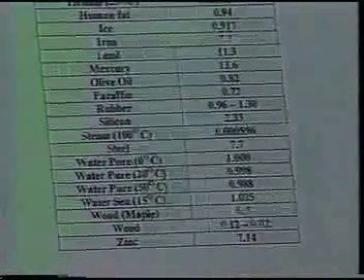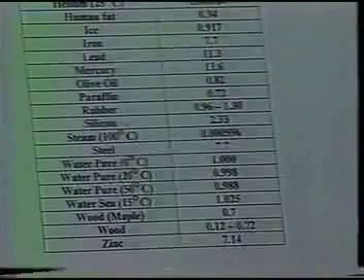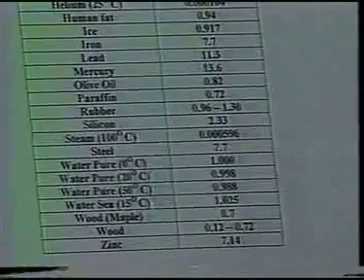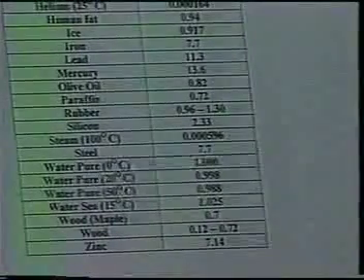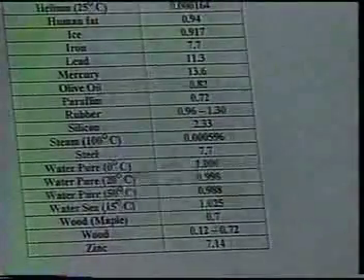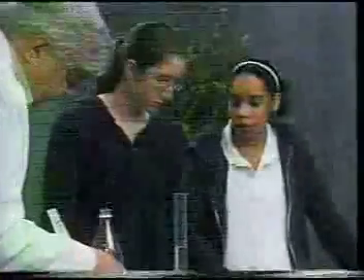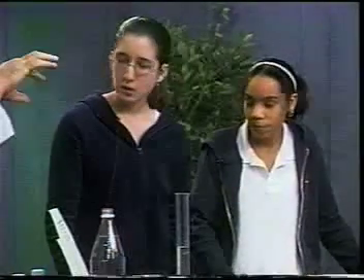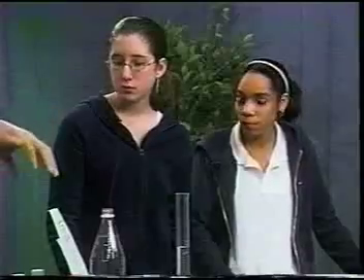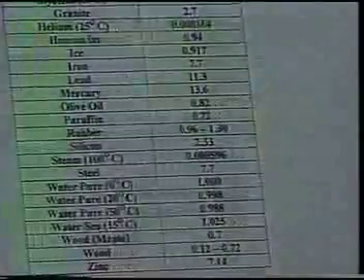That's the general range of wood. Why do you think they give us that range? Because not all wood is the same, right? Some wood is much heavier than other wood. And what was our density? 1.53. So our wood was a little more dense than theirs, right? And that's possible because our wood may not have been as dry as the wood they were using. They may have had a little moisture in it and so forth.